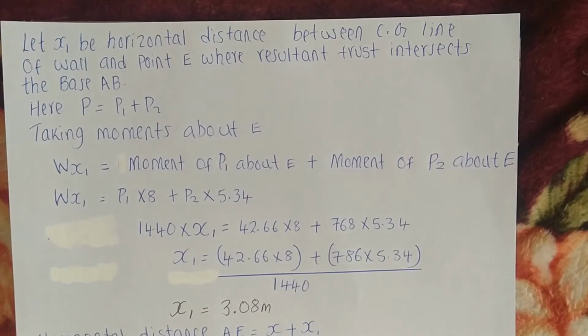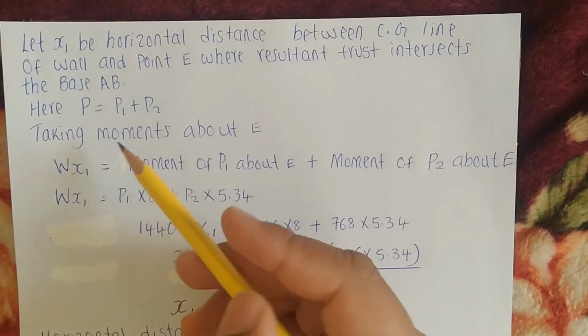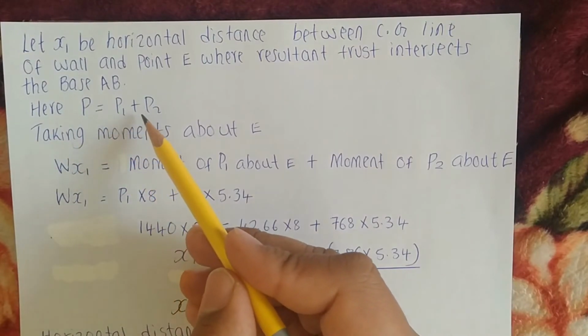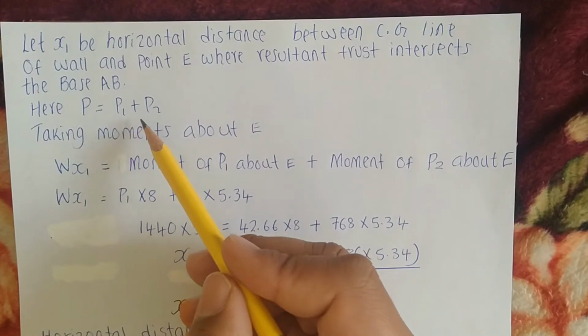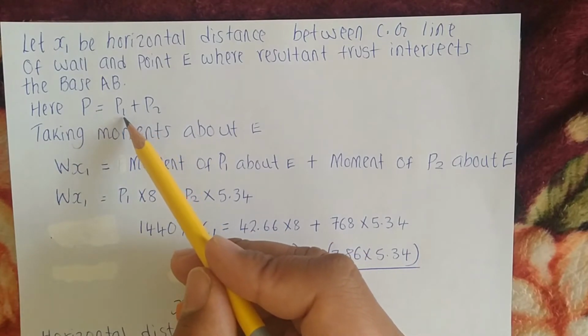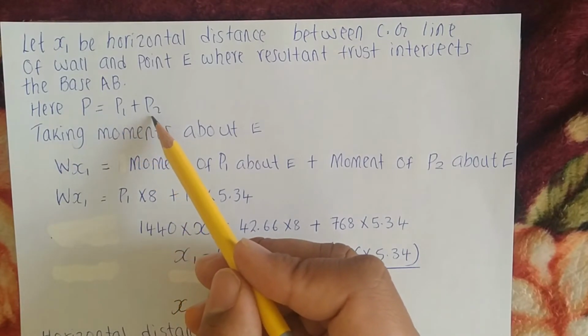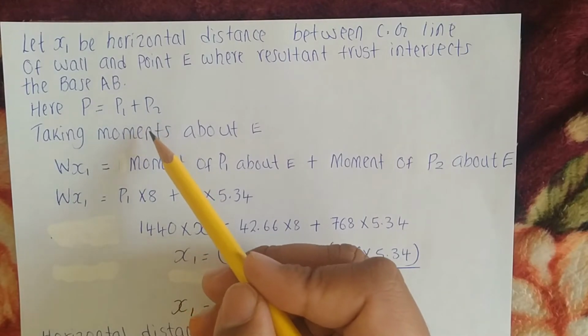And then here we know that our P will be equal to P1 plus P2. So this is the total horizontal thrust, P1 due to the superimposed load, and P2 due to the earth.